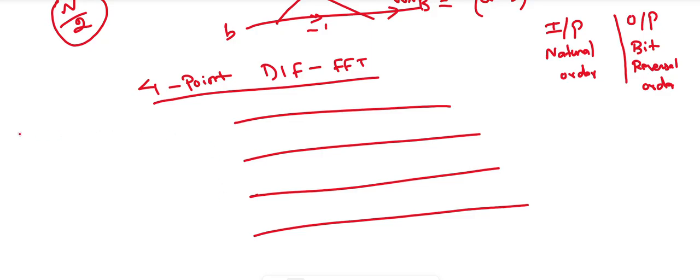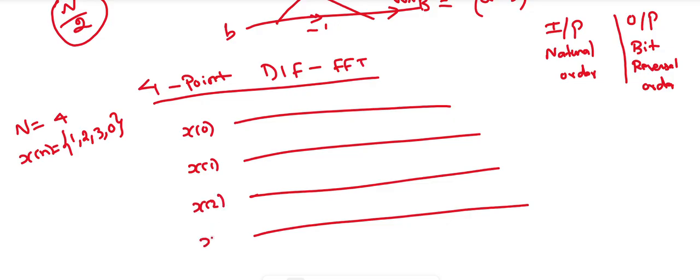For example, N is equal to 4, x of n is equal to 1, 2, 3, 0. So the input should be in natural order: x of 0, x of 1, x of 2, x of 3.